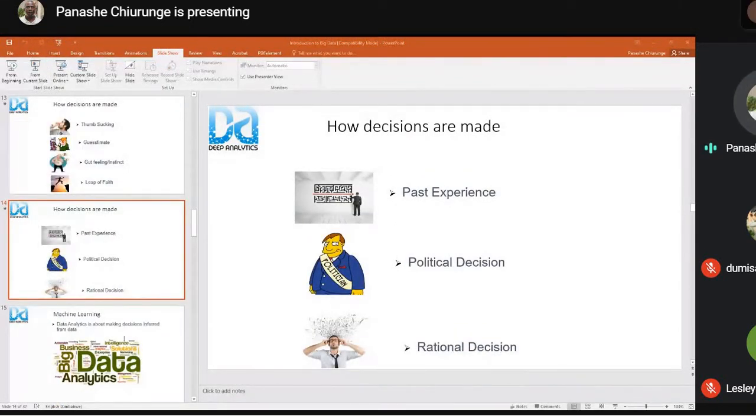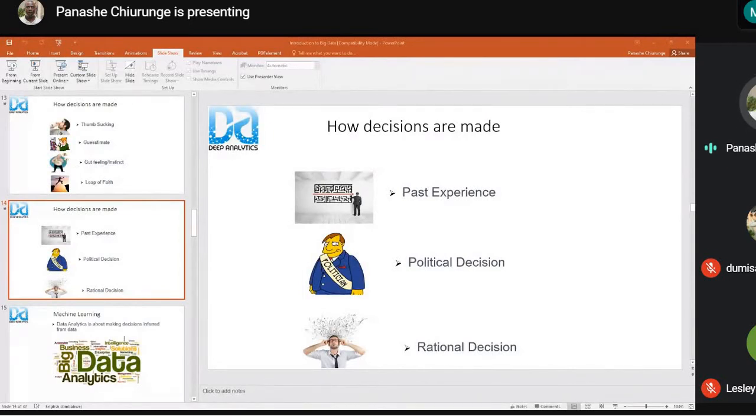Then there's past experience. Past experience is where you're making a decision based on a maze of prior experiences that you've had in the past, not necessarily on data. And then there are political decisions.